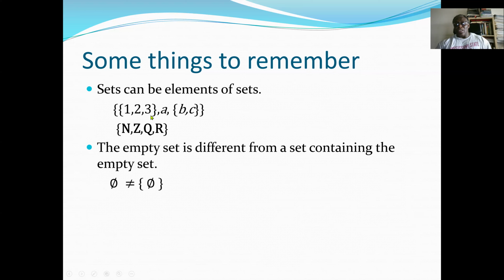Then we may have a set A, then B, C. So this is a set that can be an element of a set. Or we have N, Z, Q, R. Remember, N is also a set. Then we have Z, integers, then R, real numbers, Q, rational, etc. The empty set is always different from a set containing the empty set. So the symbol here says that the empty set is not equal to the set containing an empty set.